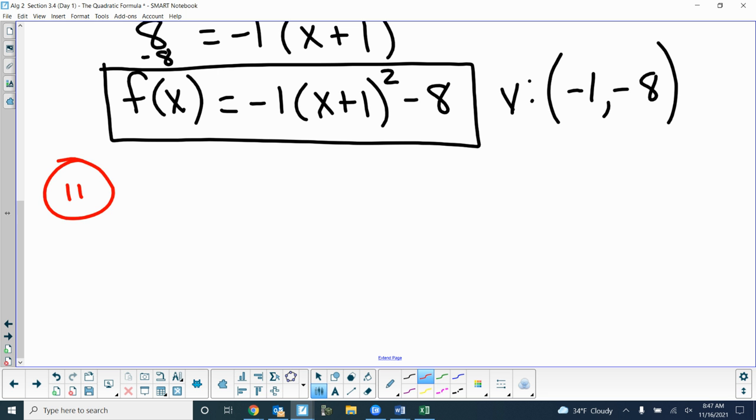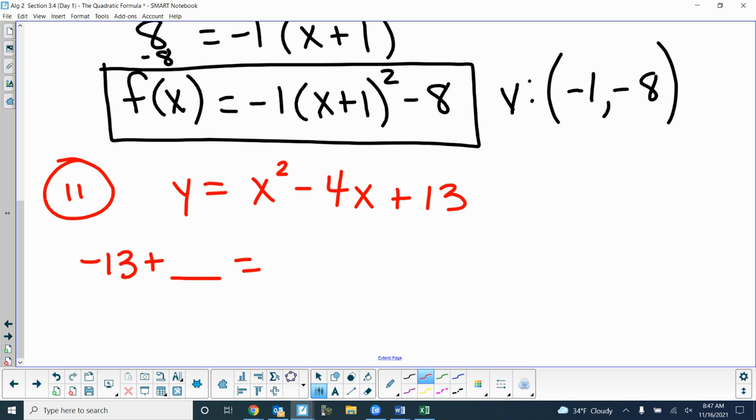So it starts out as y equals x squared minus 4x plus 13. Okay. So just like if we were going to solve it, we would move the 13 to the other side, right? So I'm going to subtract 13 and then add my blank.